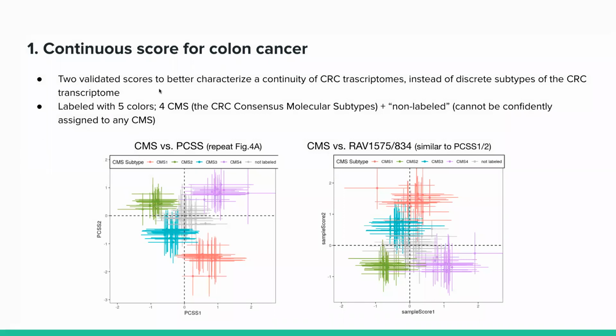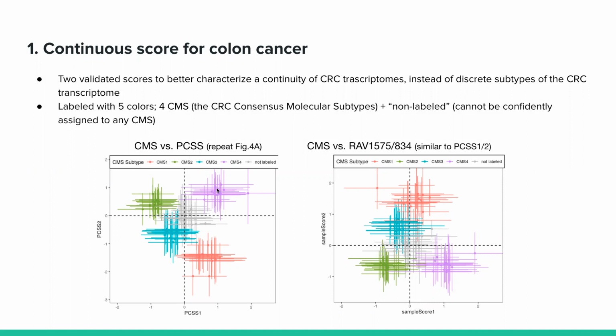So here are a couple of comparisons to these previous studies. This first one, all of these are showing the scores. In this case, PCSS are the ones that were defined by that colorectal cancer study, and these are in a validation data set that was used in this.